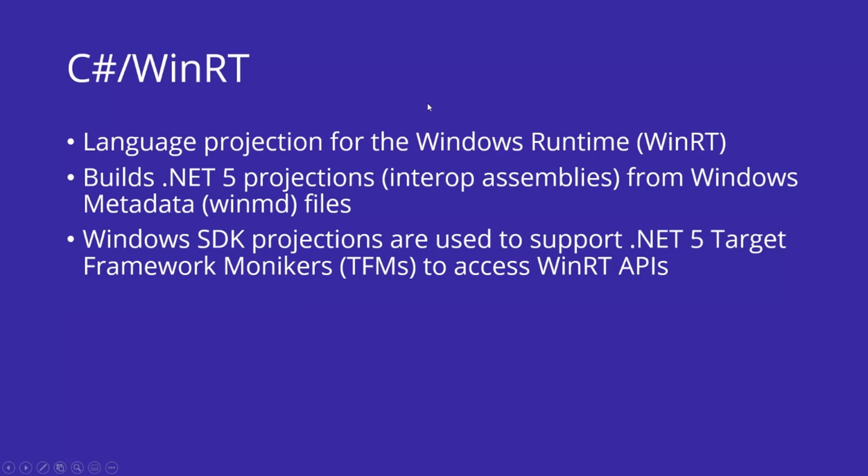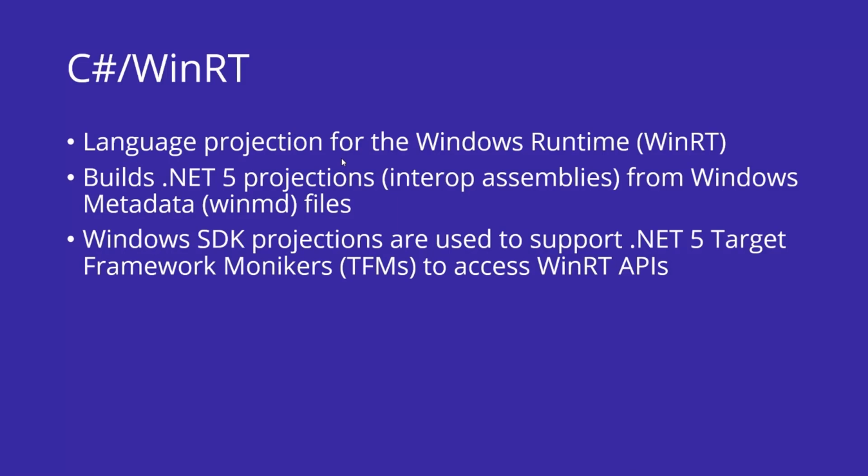As Mike was mentioning before, C# WinRT is a language projection for the Windows runtime. And a language projection is an interop assembly. What C# WinRT does is we build these projections from Windows metadata files.